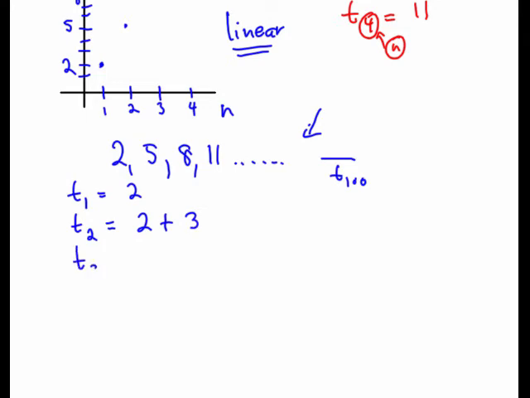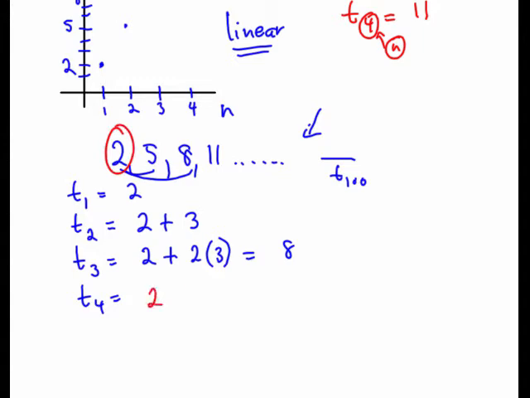To get term 3, we're taking our first term and doing 2 jumps of our common difference of 3 to get 8. To get term 4, we're doing our first term 2 plus 3 jumps of our common difference to get 11.